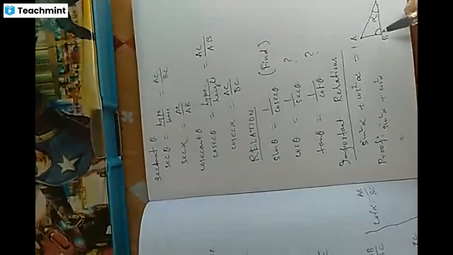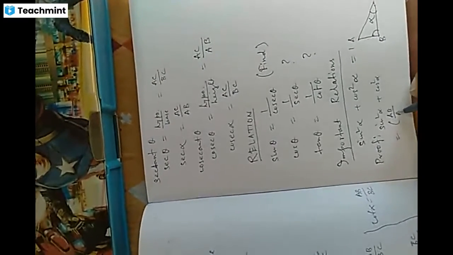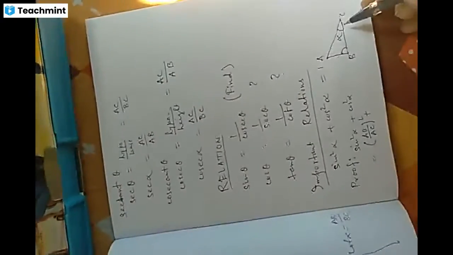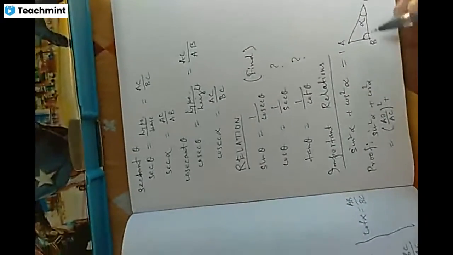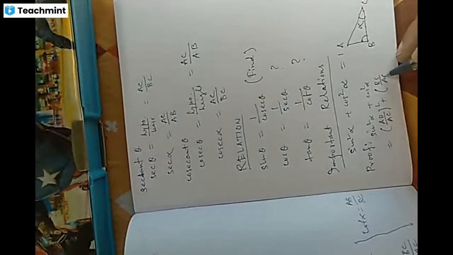Sine alpha will be AB by AC, so AB by AC whole square. And cos alpha will be BC by AC whole square.